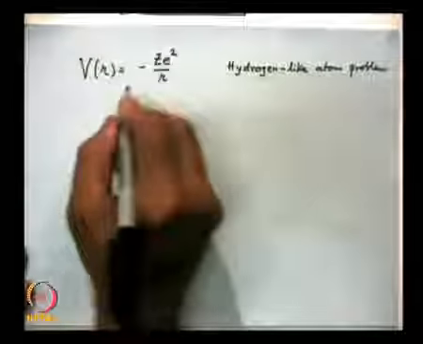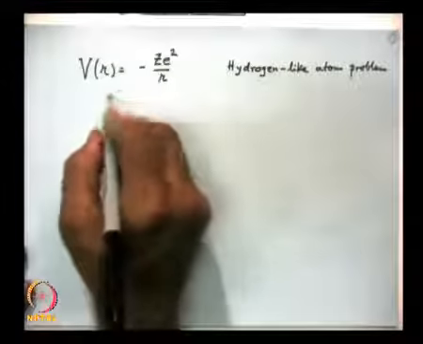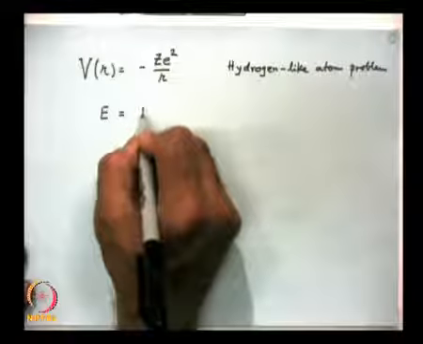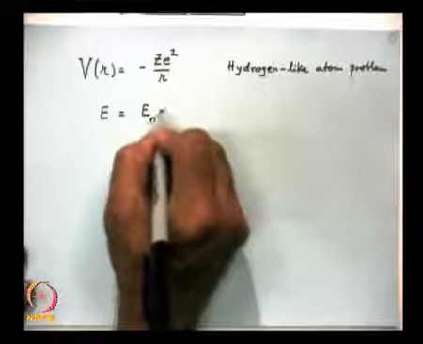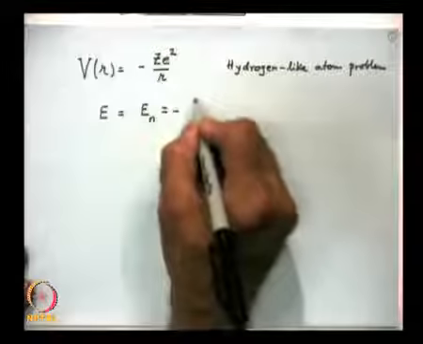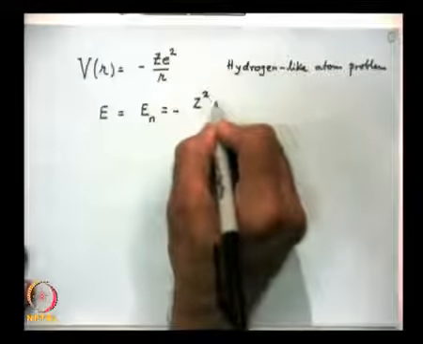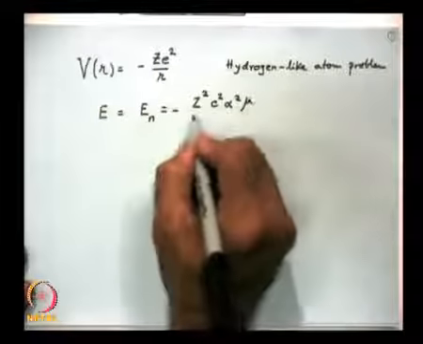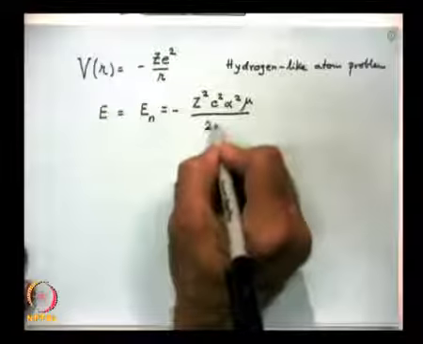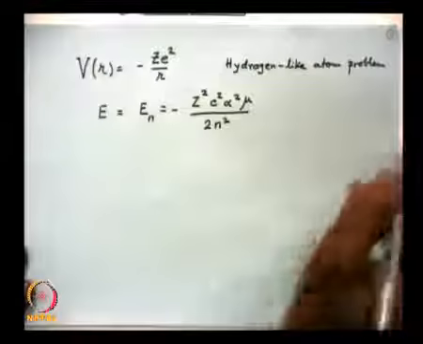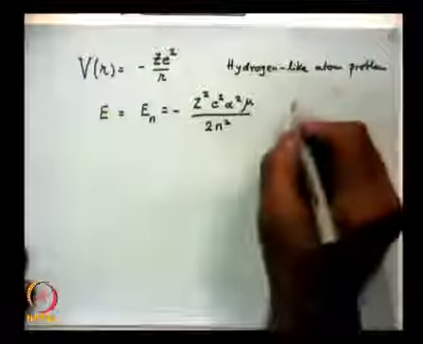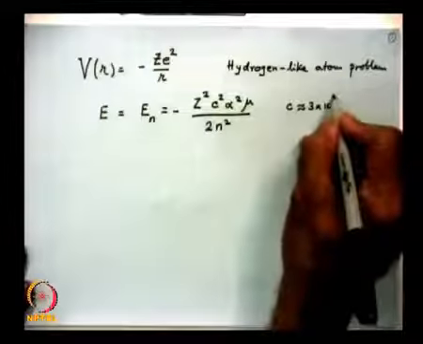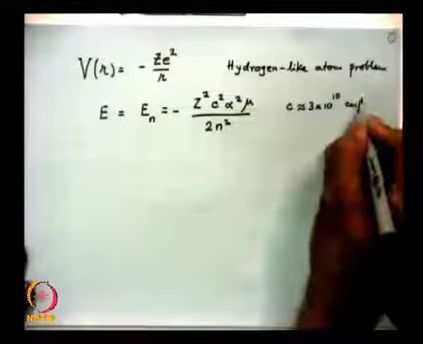Now, we solved the Schrodinger equation and we found that the energy levels, the bound states, correspond to E_n equal to minus Z squared c squared alpha squared mu by 2 n squared, where c is the speed of light in free space, and the value of c in CGS units is 3 into 10 to the power of 10 centimeter per second.